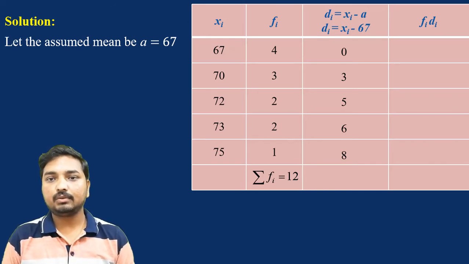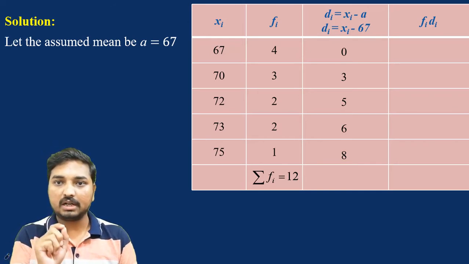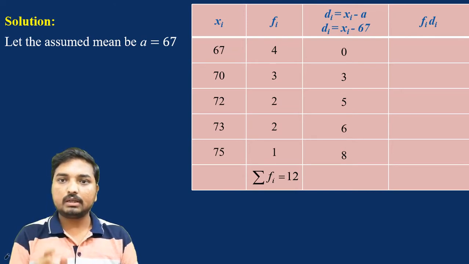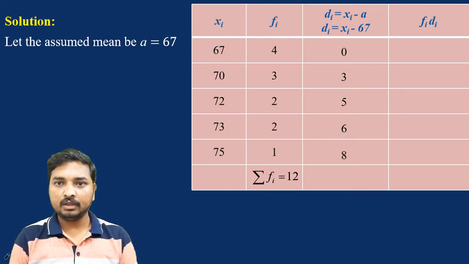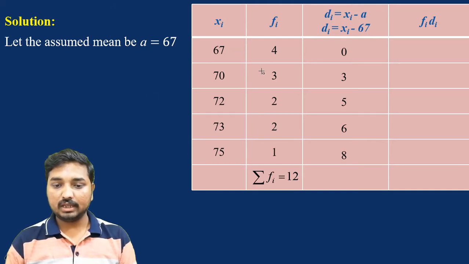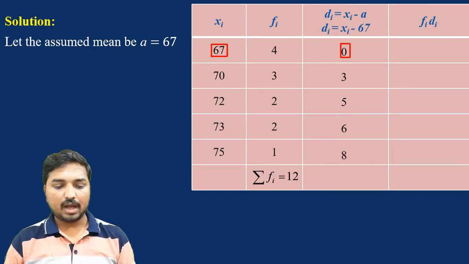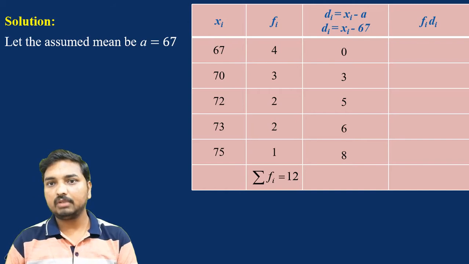So this is the way to calculate the third column, called deviation. Now look at the third column, all the numbers are positive. And one more thing, if you choose this one as the assumed mean, the deviation for this one will always be 0, because it will be 67 minus 67. So one value must be 0 in the column di.